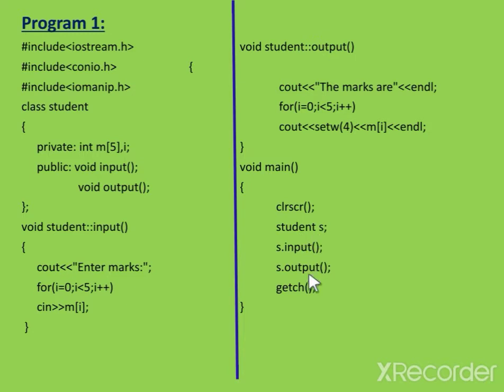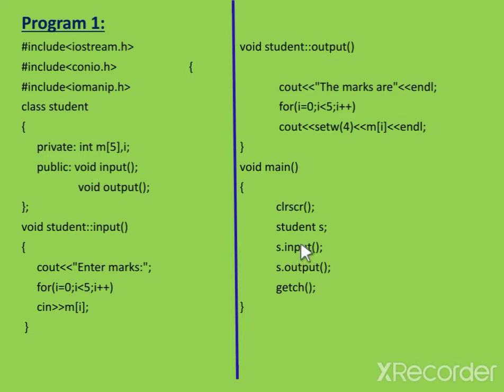Then s dot input and s dot output, these two are function calls. Here we are calling and executing the member functions of the class student through the corresponding objects.